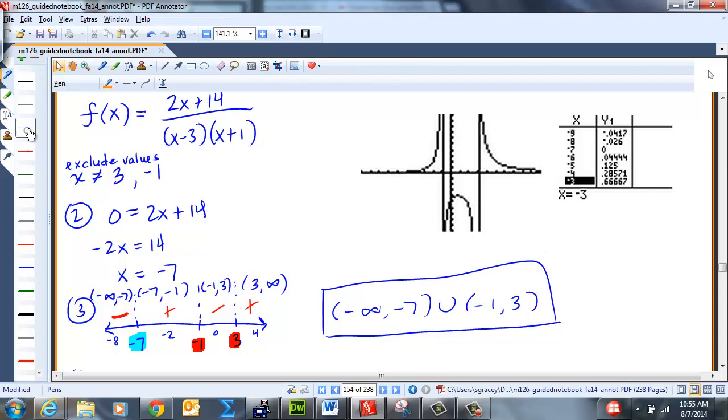All right, so here we go. Our 0 was at, let's see, this is 10, 9, 8, 7. So our 0 was at x is 7. And then our vertical asymptotes were at x equals -3, I believe, or -1, and at x equal to 3. Those were the vertical asymptotes, and the other one was our 0.